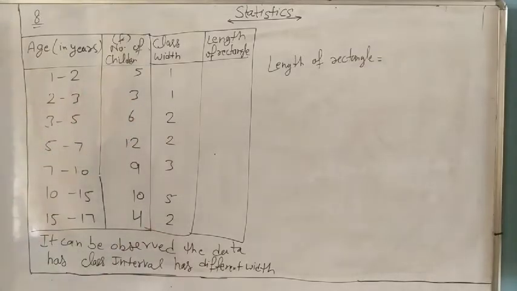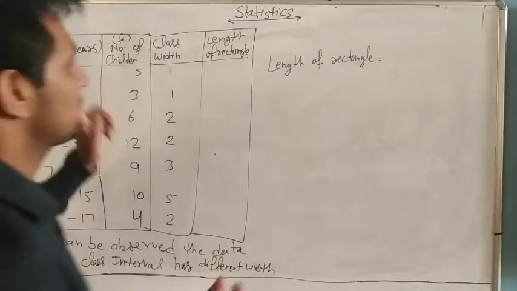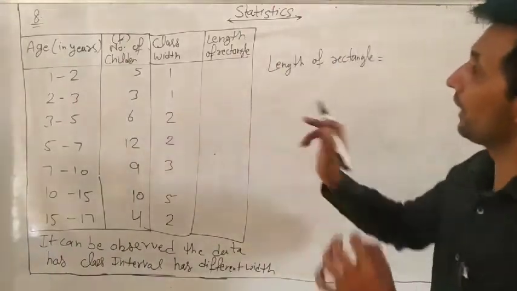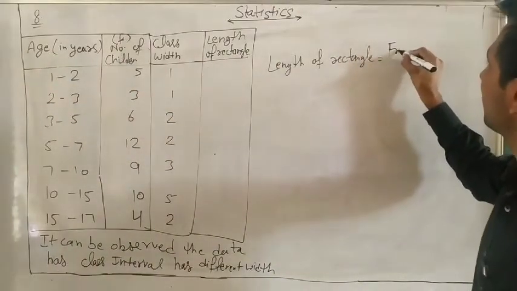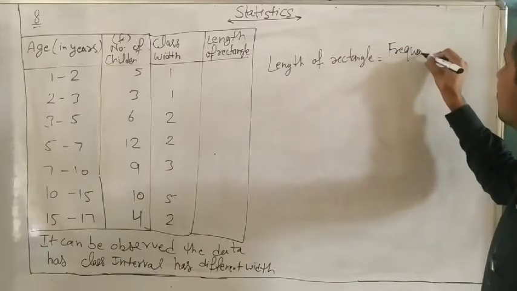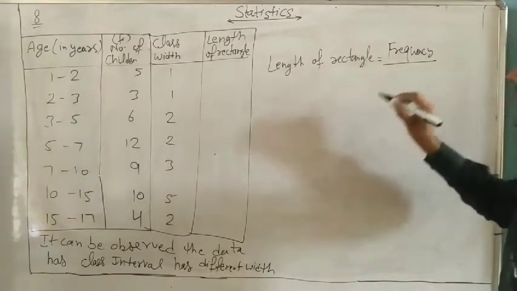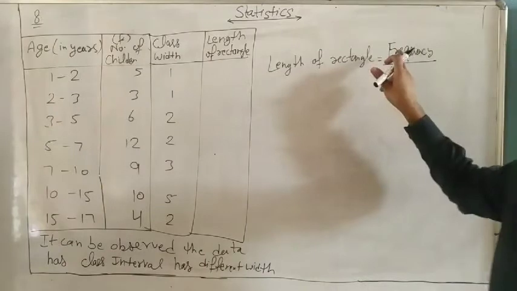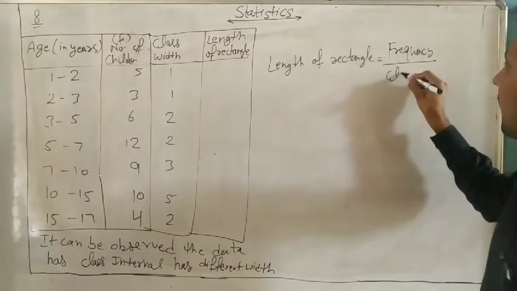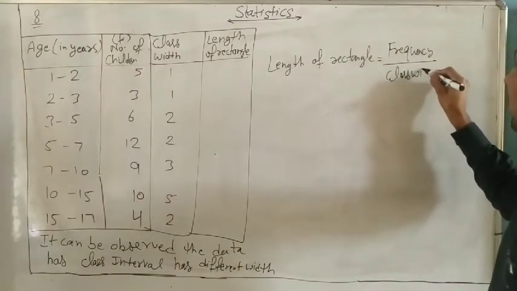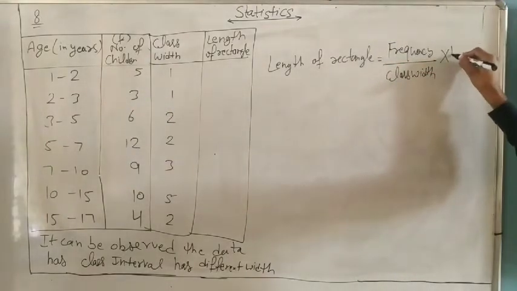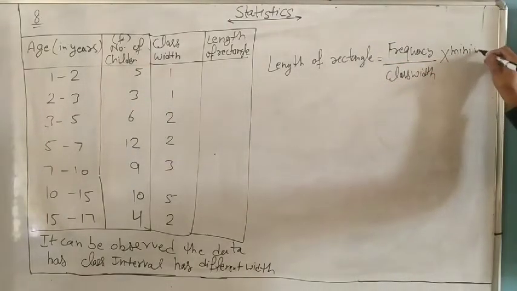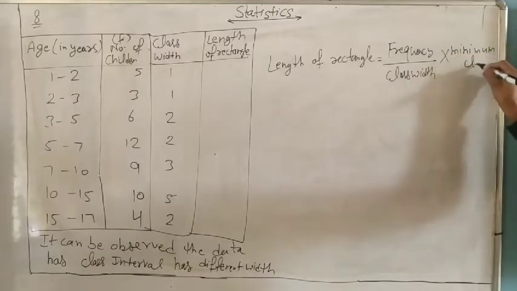So write, if you want to find the length of rectangle of this class interval, so we write frequency divided by class width into minimum class width.